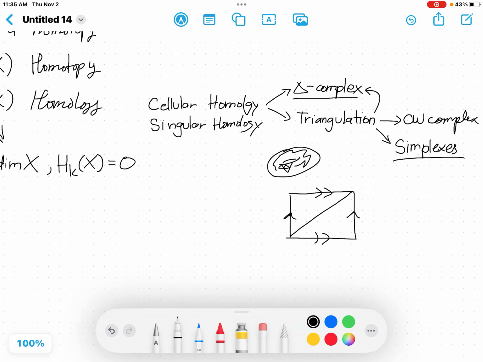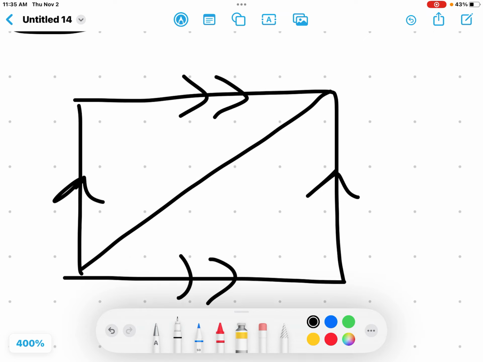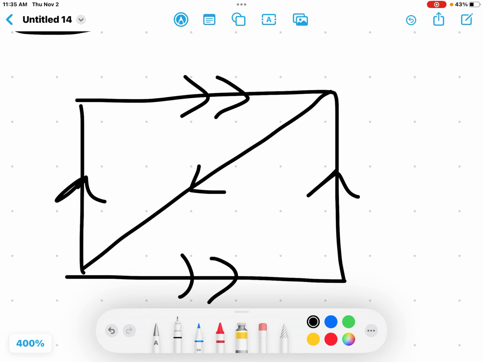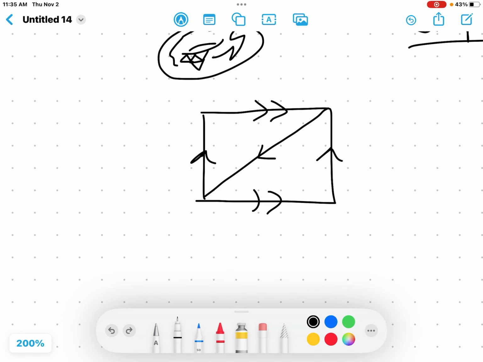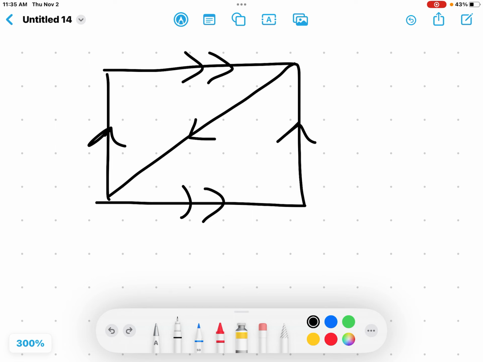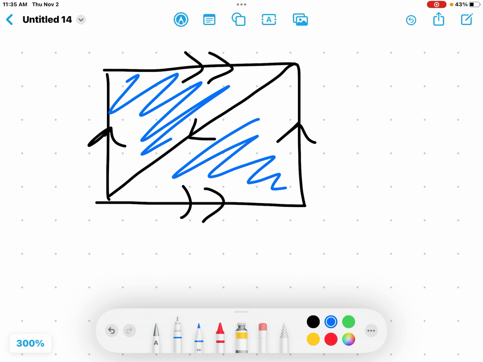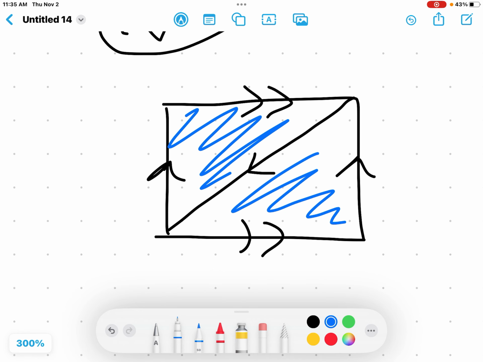But with a delta complex structure, we only have to concern ourselves with this type of object. So just two simplices, which is actually one square in total. So I'm going to highlight them. These are the same edges, or the same faces of a simplex, or a two simplex.